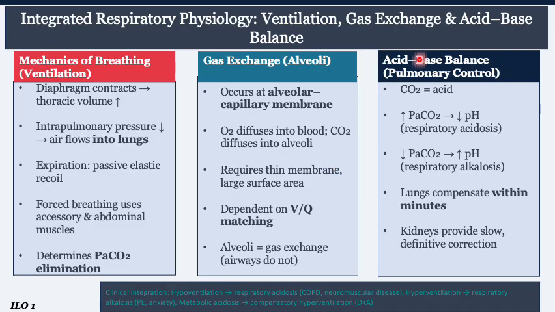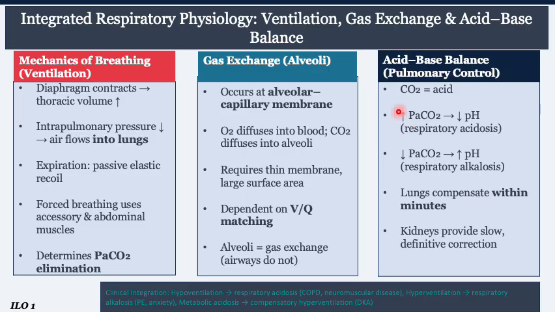And last, you have your acid-base balance, and I went into great detail at the beginning of the lecture with this. So carbon dioxide equals an acid, meaning it will cause more hydrogen to be in excess.